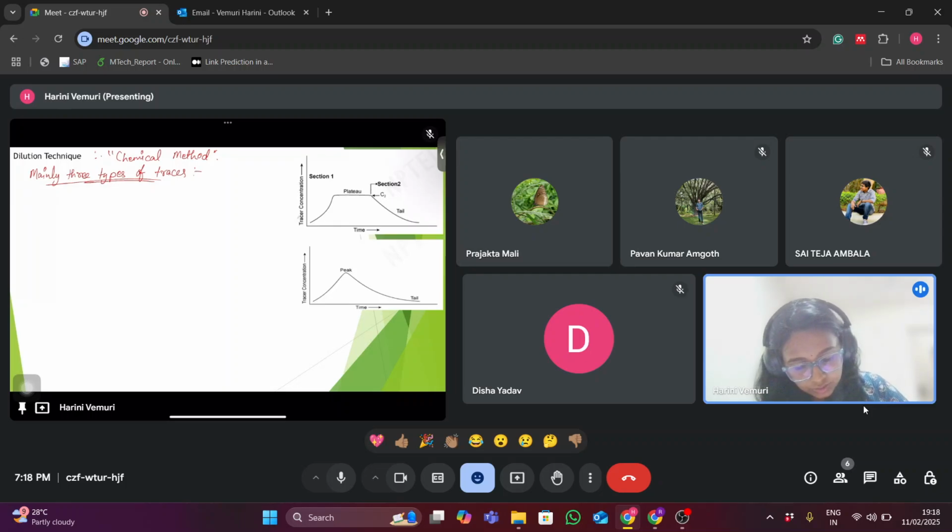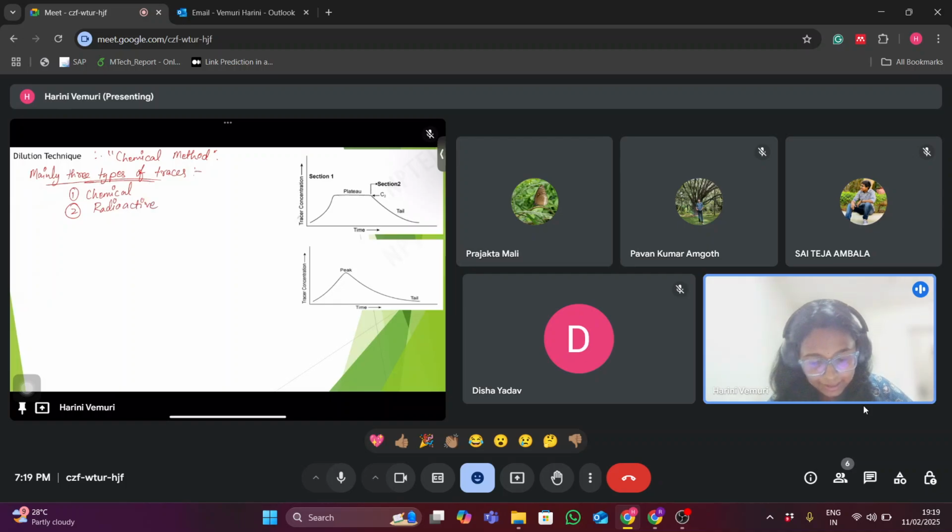Okay, so first one is we have chemical tracers. For that we have examples like NaCl, sodium chloride, sodium dichromate and all. Since the electric conductivity of the water will change when we put these salts, we will use an electrical conductivity meter to take measurements. And we have radioactive type.